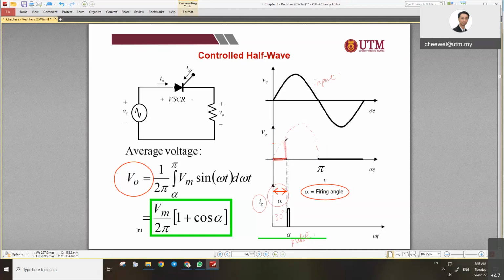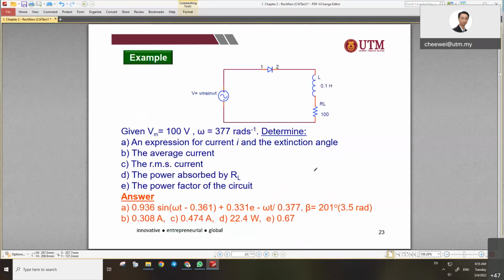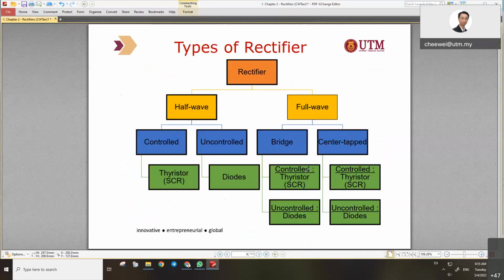So it will start at this point, follow like that and go on. So at this point, we know it as alpha. Alpha is known as the firing angle. Firing angle means you fire. At the point you fire, it starts working. Okay. Come back to that later.